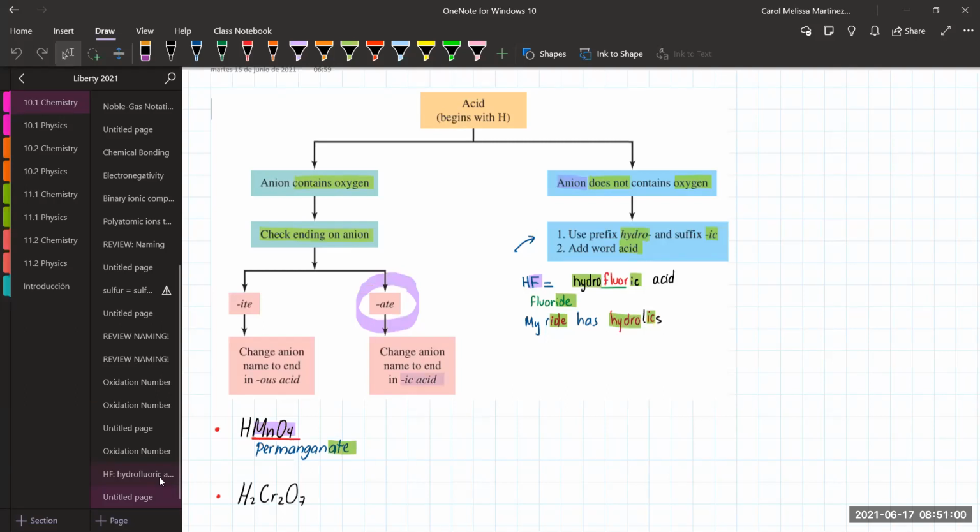So I'm going to change ATE to ic acid. So the name in the end is going to be permanganic acid.